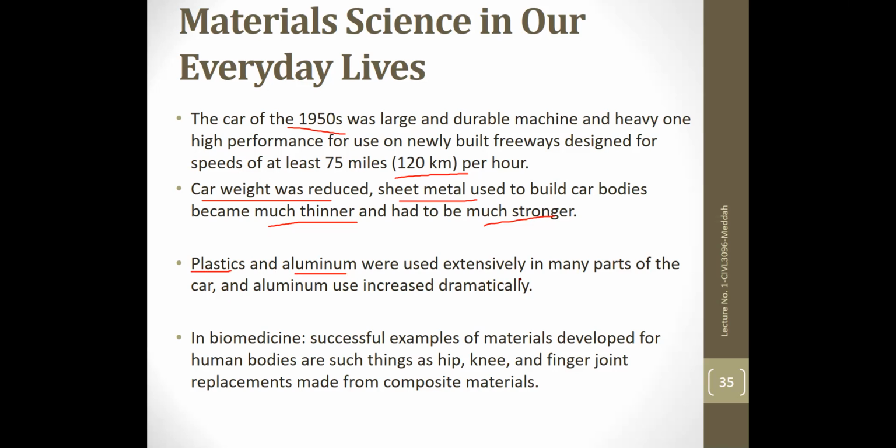Aluminium is extensively used, replacing some parts made of metals, and this reduces the weight and the price of the car also. This is just in the car industry, but also in other industries like biomedicine and so on. Many other biomedical materials have been invented and are used for the purpose of making human life more comfortable.